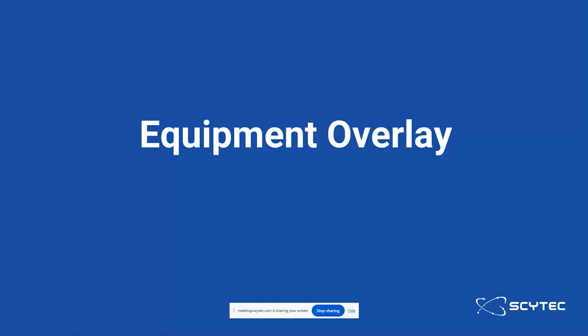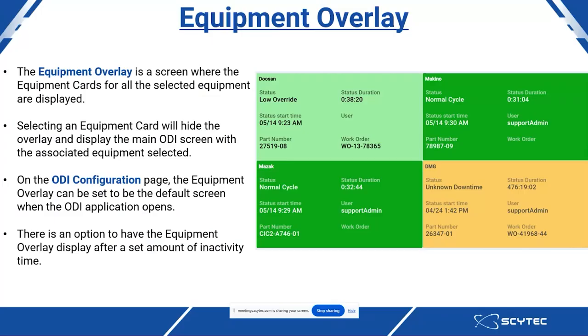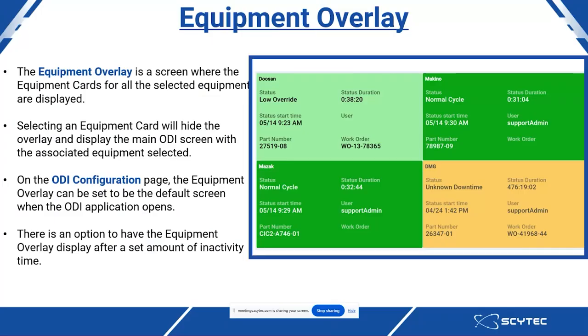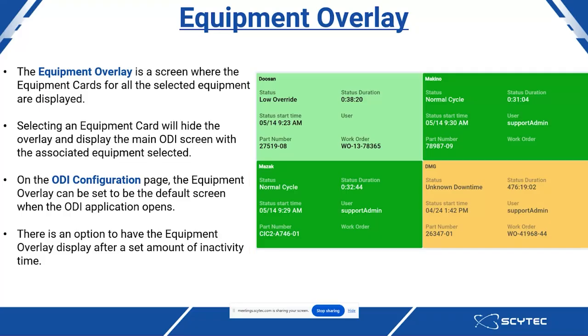Next up, I'd like to discuss the dashboard feature inside of the operator data interface, which is called the equipment overlay. You can see the equipment overlay there on the right. The equipment overlay is a screen where the equipment cards for all the selected equipment are displayed. Selecting an equipment card will hide the overlay and display the main ODI screen with the associated selected equipment.